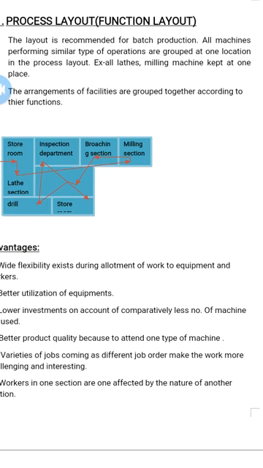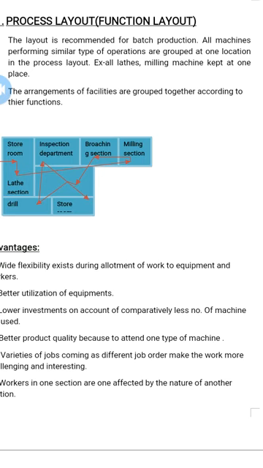In batch production, we have medium volume and a medium variety of products. So we will produce different varieties with medium volume of each variety.